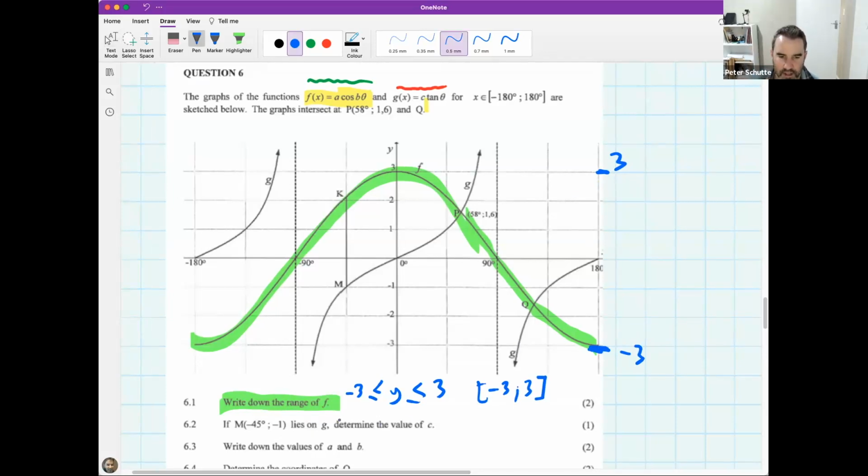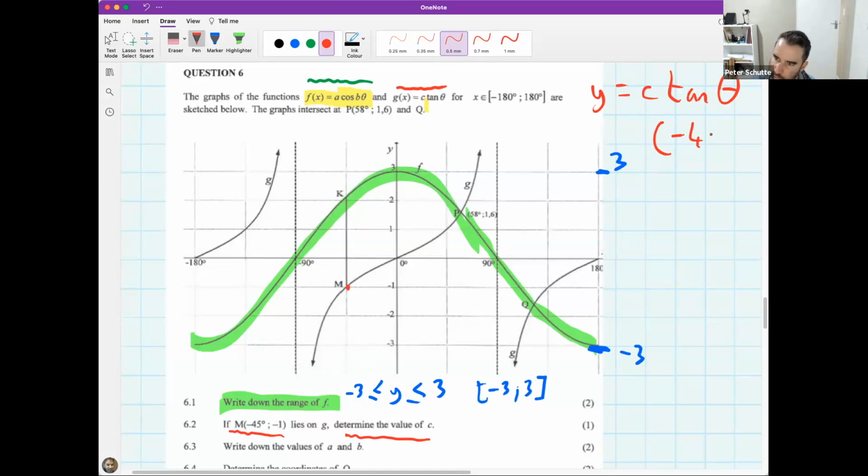Then it says, if M (-45, -1), so M is actually sitting over here, if M lies on the graph G, determine the value of C. So you've got this y equals C tan theta, and they are saying, look, there's a point that lies on this graph.